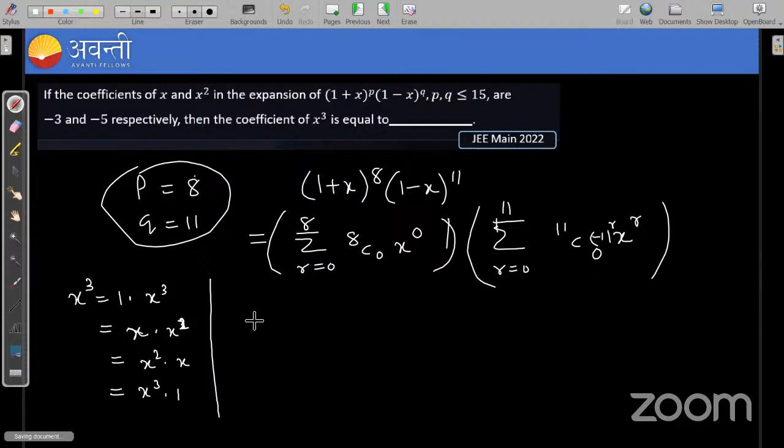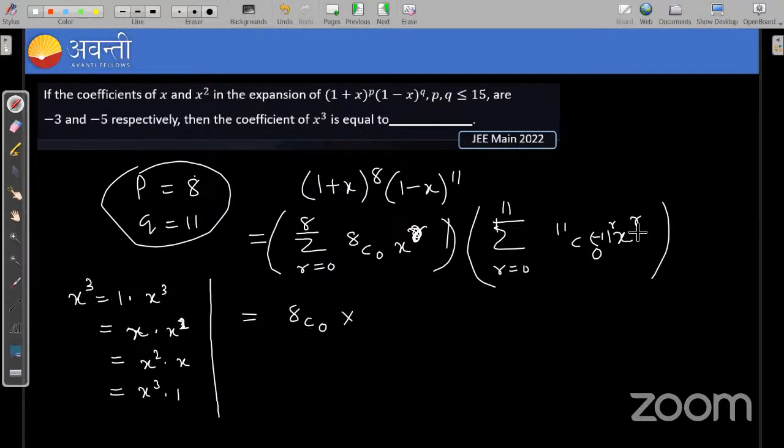Now if we apply all these possibilities, for the first term to be 1, what should r be? That is 8C0, and we need only the coefficient. So 8C0 into 1.